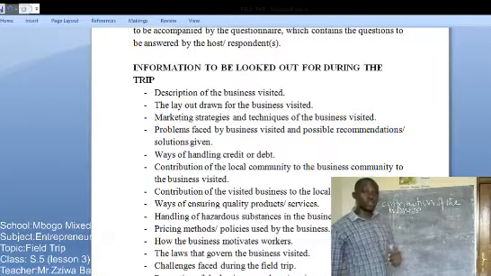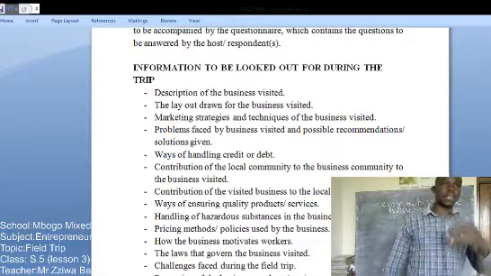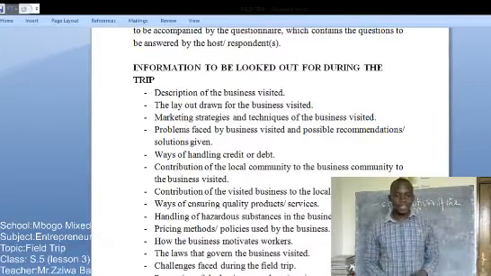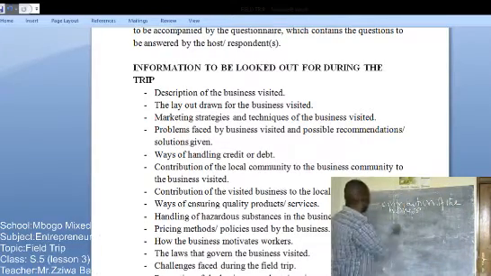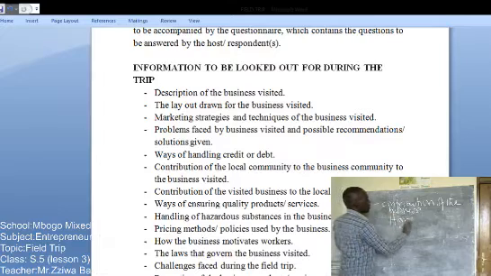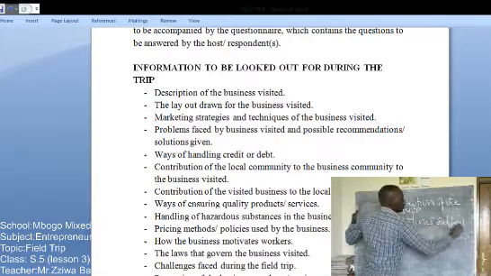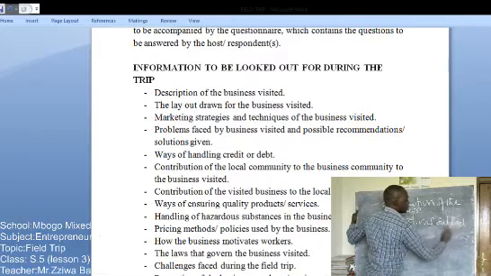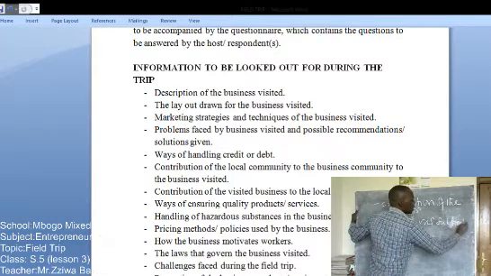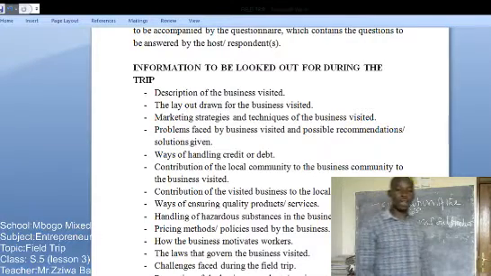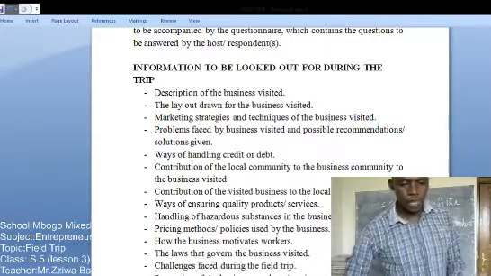Mind you, that contribution might be positive or negative. Then the hazardous substances and how they are managed. That one is also very crucial.